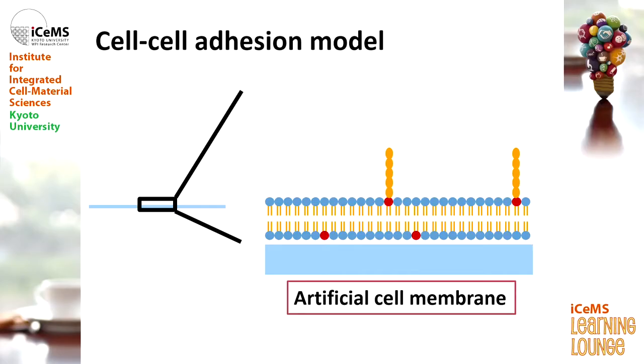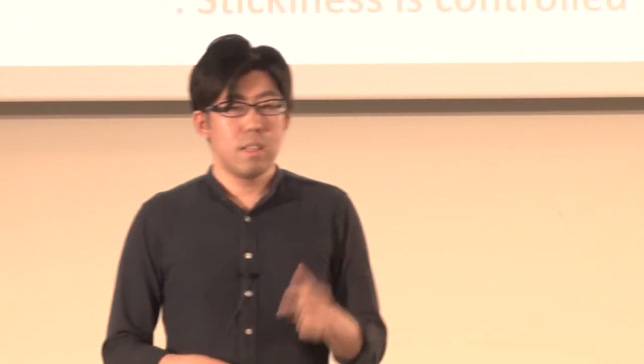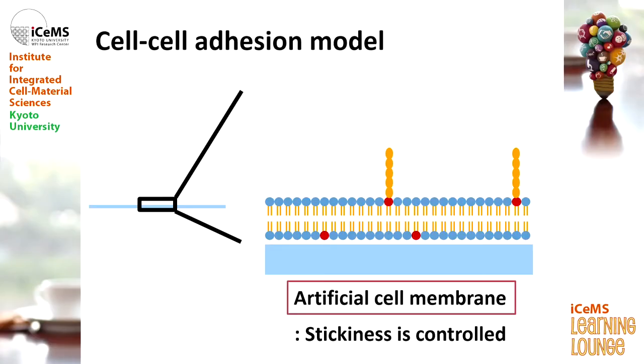So for this purpose, instead of using real cell-cell contact, we use a so-called artificial cell membrane. This is something that you can really easily prepare in the lab. And the advantage of this artificial cell membrane is that you can tune the molecular composition as you want, and you can use the adhesion molecules as you want. So the stickiness of this artificial cell membrane is fully controllable.